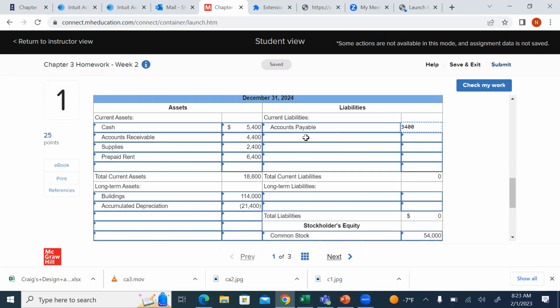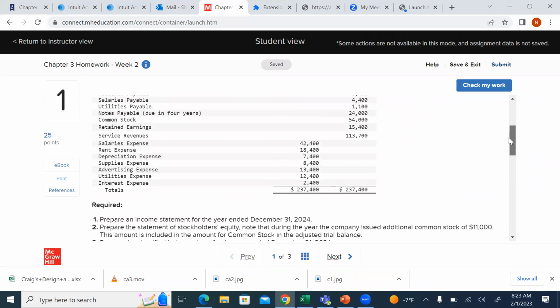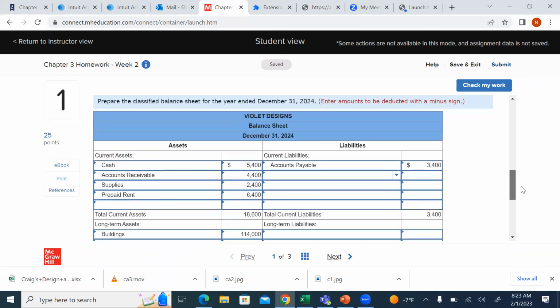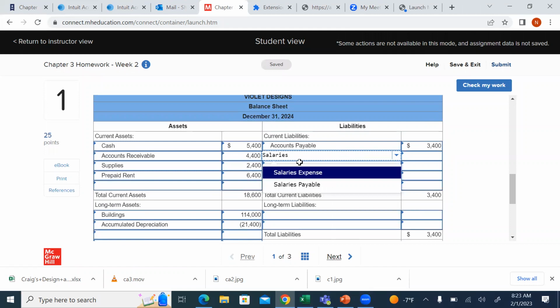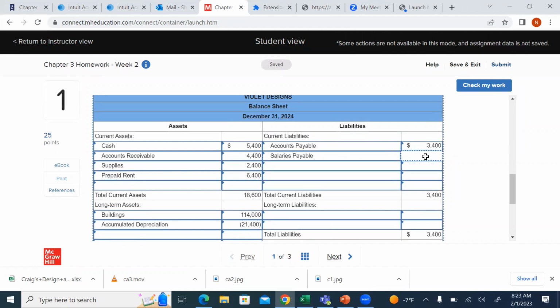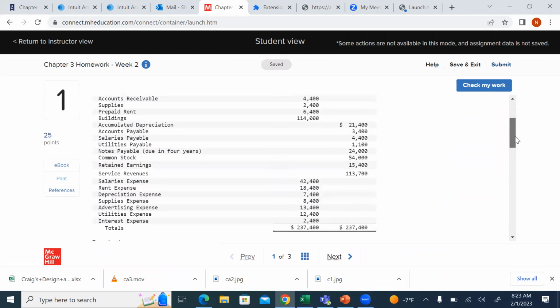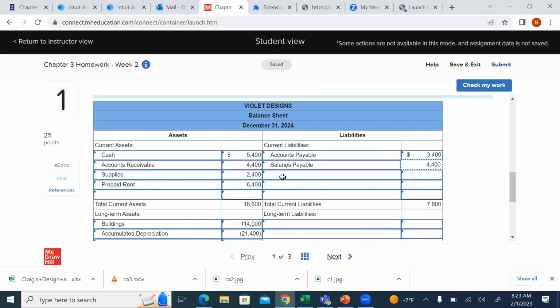3,400. What was the other one? Salaries payable of 4,400. We've got utilities payable of 1,100.